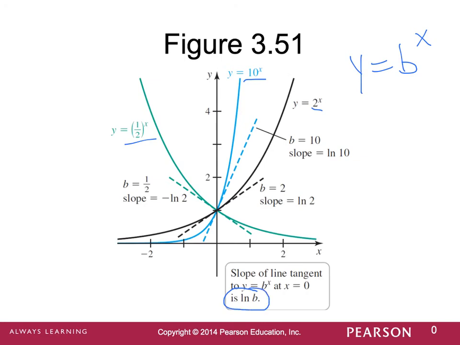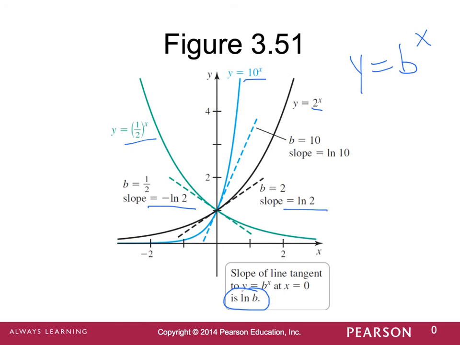Now, you might ask, how are we going to pick that out? That's not something that you can necessarily eyeball and see right away. But it is true. If we look at the slope at x equals 0 for all of them, the slope of the black curve, y equals 2 to the x, is the natural log of 2. For y equals 1/2 to the x, the slope is the negative natural log of 2.